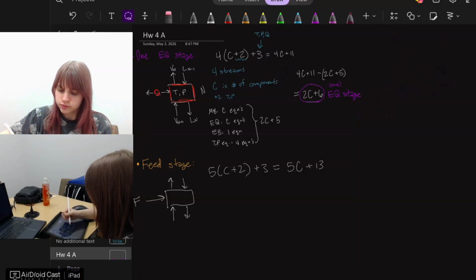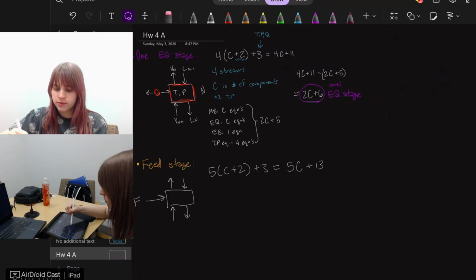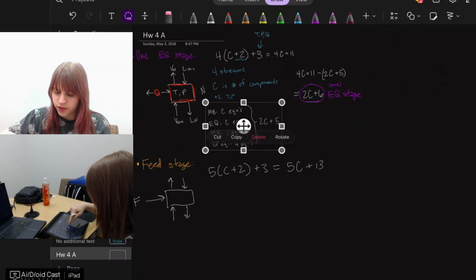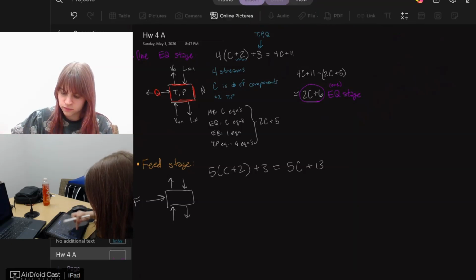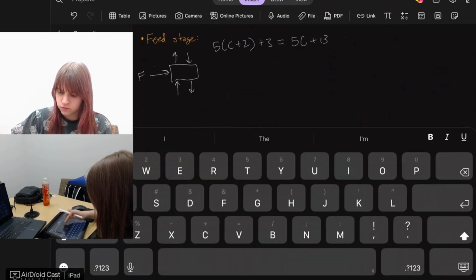And the equations that we get from this one are actually the same as above, so I'm going to try to paste that. There we go.